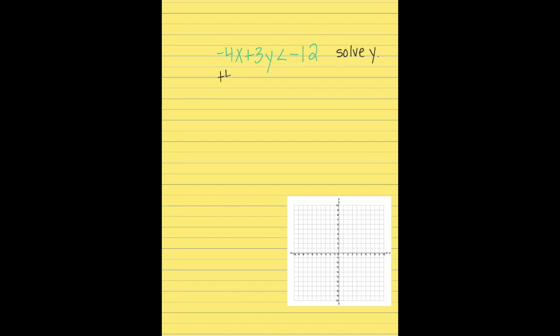Okay, so I'm going to add my 4x to the right-hand side. So I have 3y is less than 4x minus 12. Again, I like to put my variable first on the right-hand side. Anybody have any questions about what I just wrote? We okay? All right, so what's the next thing we need to do to solve for y?